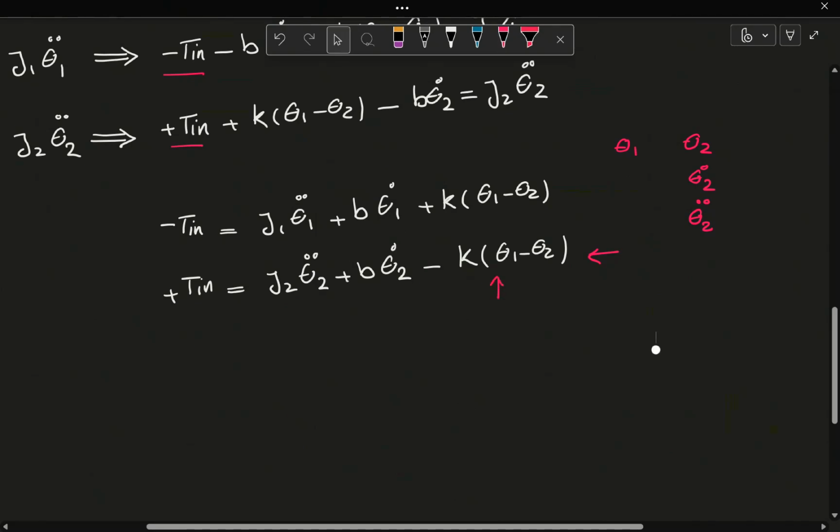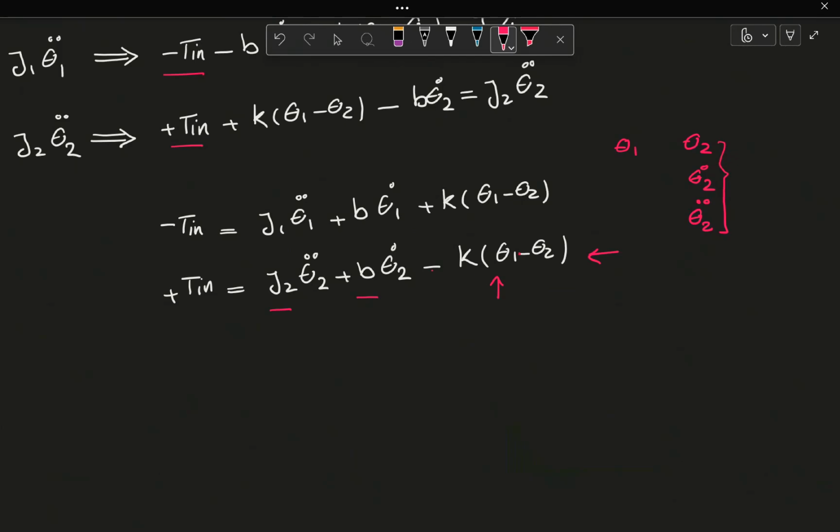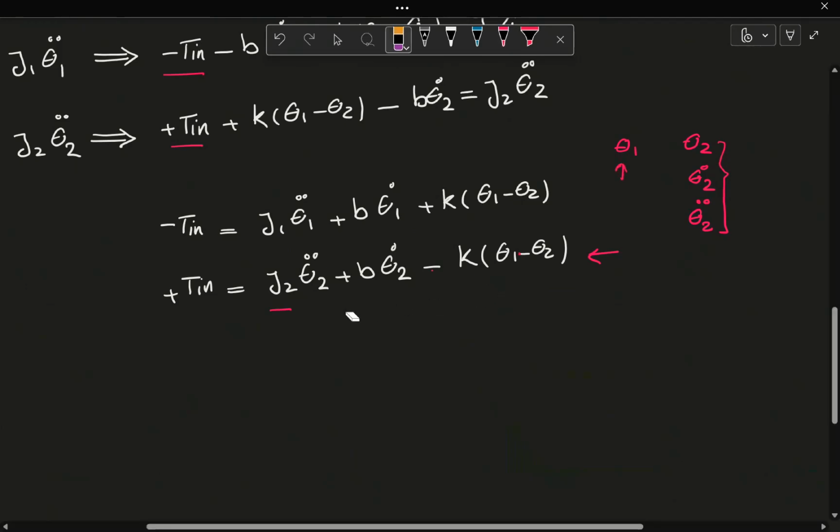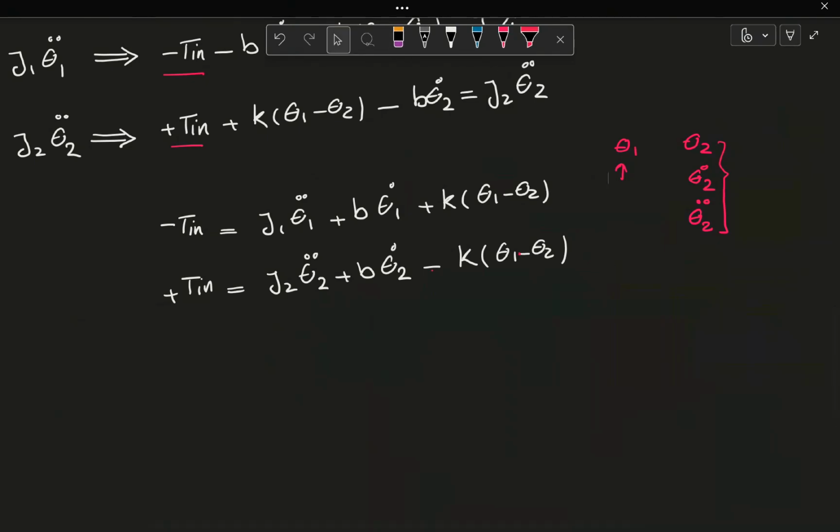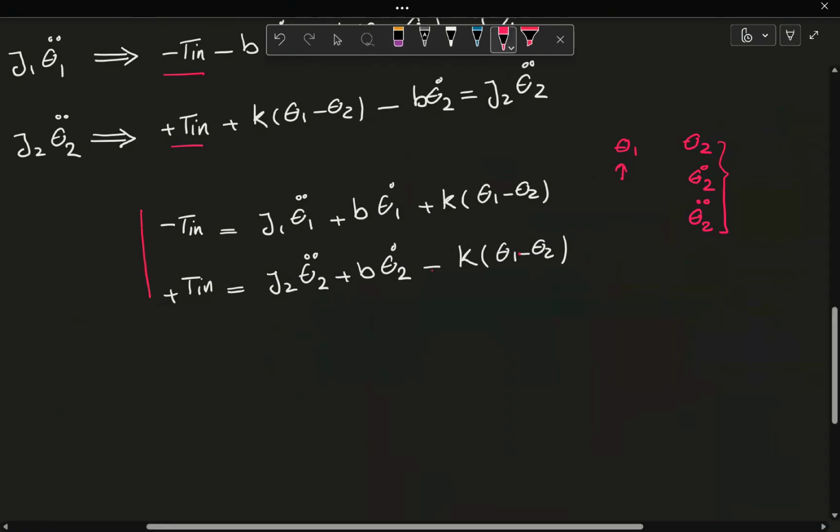Within the members of family theta 2, you have positive, positive, and negative multiplied by negative, which is positive. So there are no sign mismatches within the families in each of these equations. So you can safely box this equation.